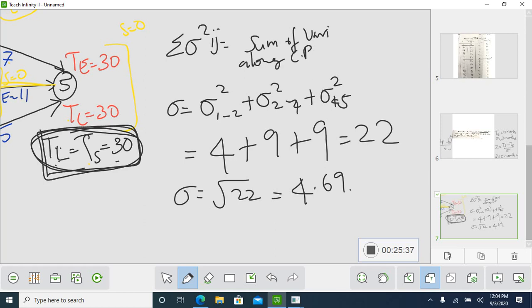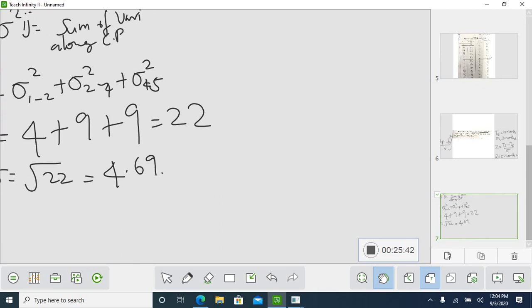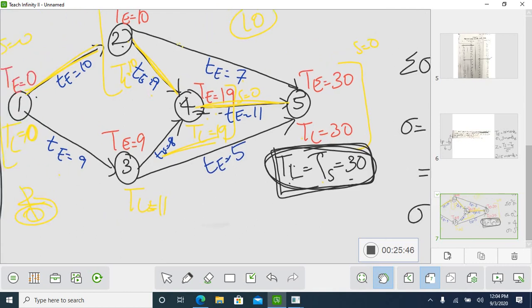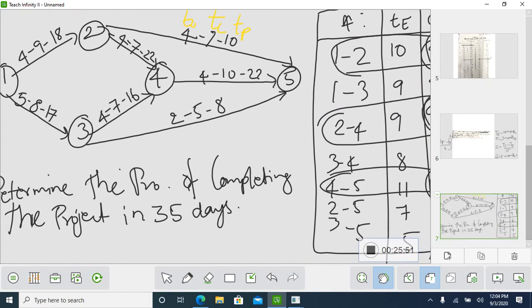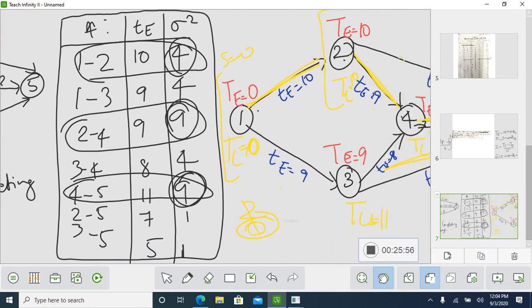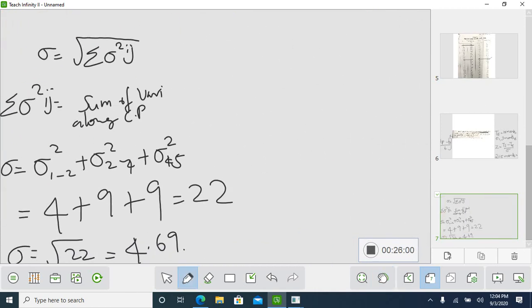Now we will be solving the probability. The question is: determine the probability of completion of the project in 35 days. Now we will apply the probability formula: Z equals TS minus TE divided by sigma.